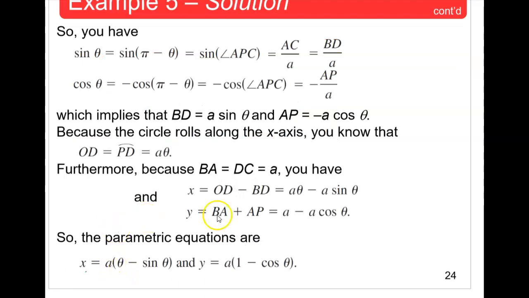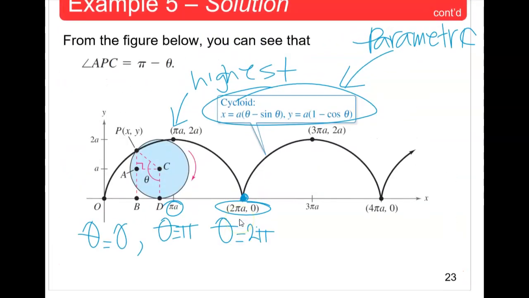and so the last slide is the explanation of how the two parametric equations were found with respect to the rotation of the circle here. You could also see how they're referring to the angle APC.